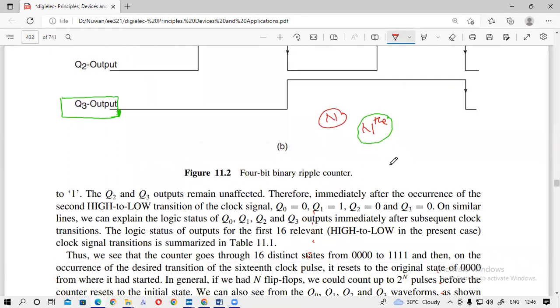Now what I want to tell you is that at the nth flip-flop we will have the main problem.